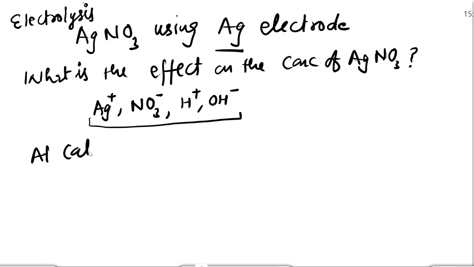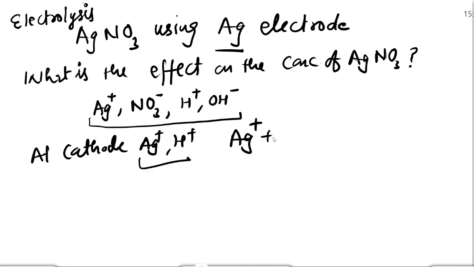See, at cathode there is a competition between Ag plus and H plus. So obviously Ag plus will gain electron. Just keep in mind that if there is silver, copper or gold, only then they will gain electron in comparison to H plus.